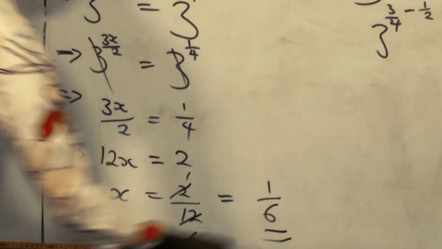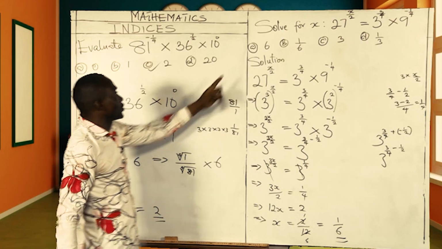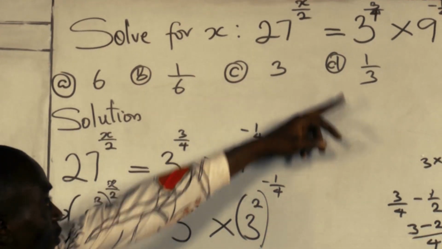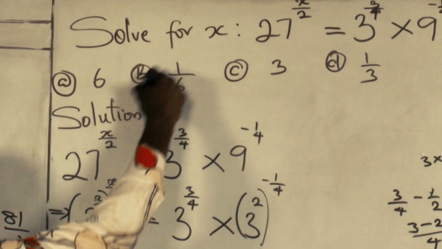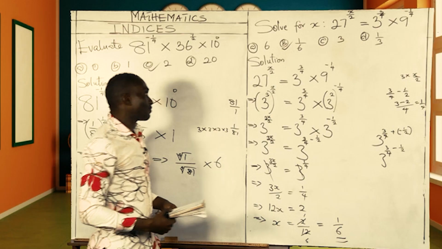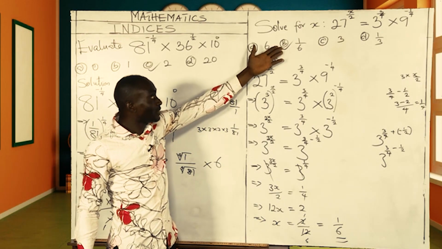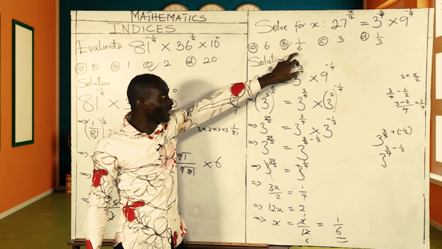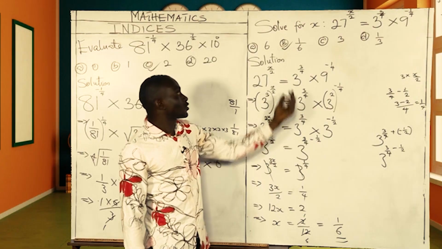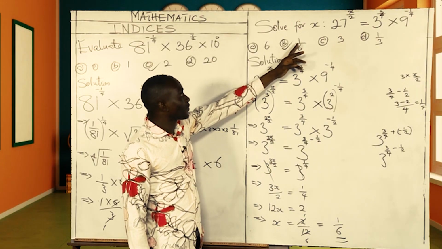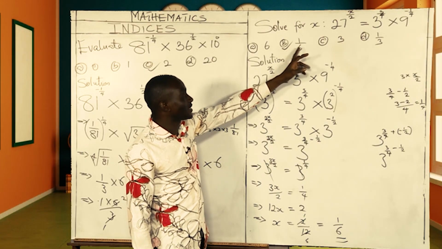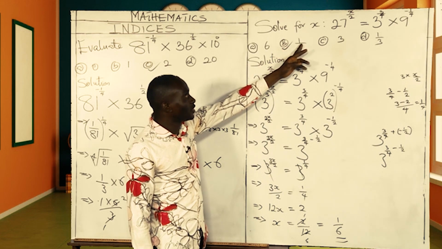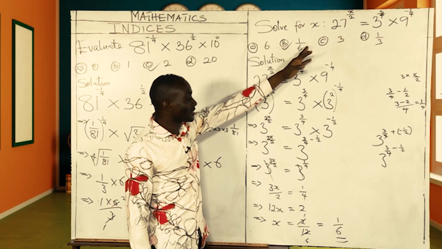All right, so let's check out the options. We say this is our final answer. Option A is 6, option B is 1 over 6, C is 3, D is 1 over 3. This is the correct answer. Mind you, the examiner might wish to express the correct answer in decimal numbers. So instead of writing 1 over 6, they may decide to write 0.16.